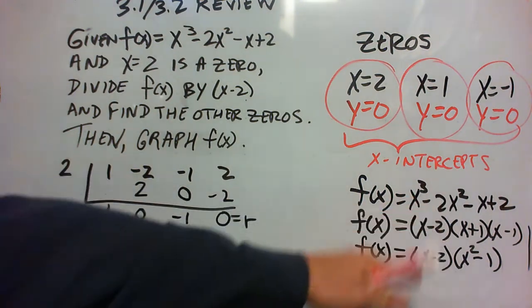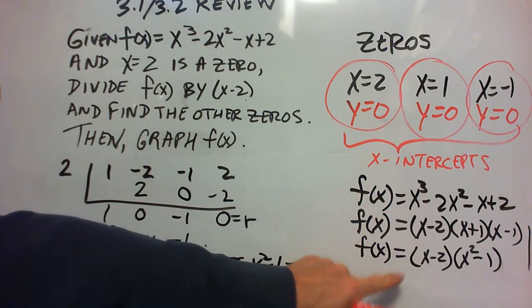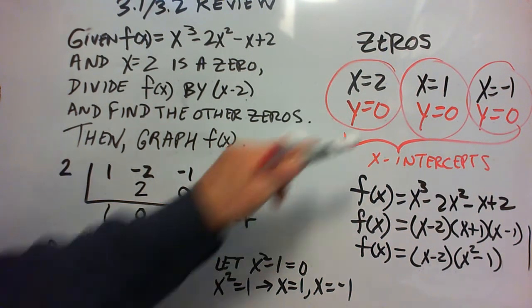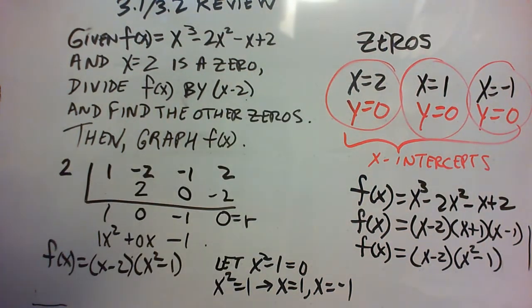Any one of those three forms can be used to evaluate more points for the graph. So that's the next thing to do. Plot those intercepts and find more points and finish this graph. I'll pause the tape and we'll come back and do that.